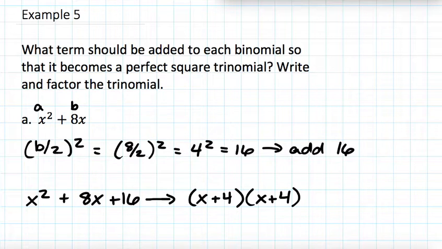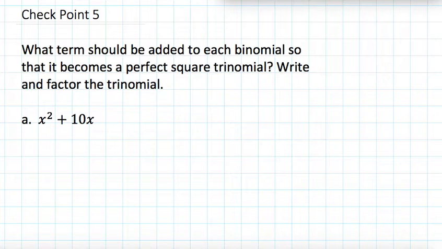The two sets of parentheses should be the same. And if they're the same, then I can write it as whatever that set of parentheses is squared, because it's multiplied by itself. So this would be x plus 4 squared. So you should look next at checkpoint problem number 5. Do this in your notes, check your answer, and then move on with the rest of the video.